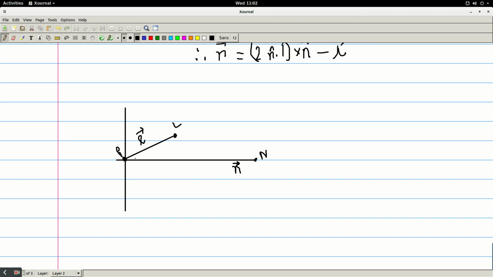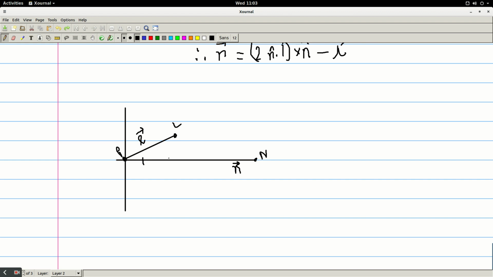So the length of this vector is from here all the way to this. What's going to be the unit vector? The unit vector, you're going to divide it by this much, and maybe this is the unit vector, n hat. So n hat goes in the same direction, but it's a different thing. Okay? It's a smaller vector.